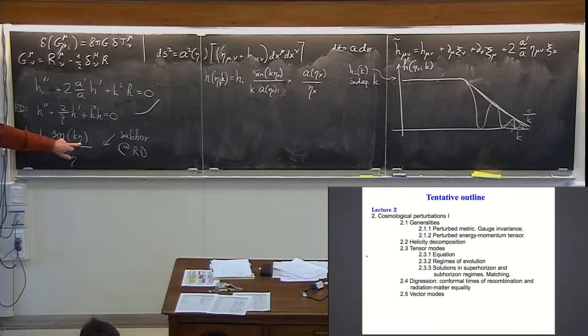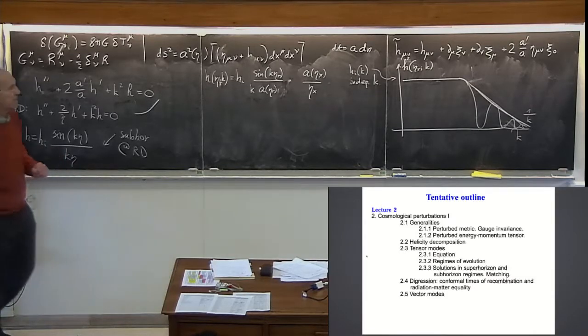If k eta is much less than 1, that is the superhorizon regime, and this is just a constant, as we discussed, right? But if k eta is much greater than 1, then these are oscillations which are damped like 1 over k eta. And therefore, for high momentum, they are very much suppressed.